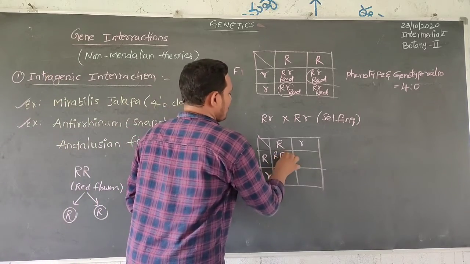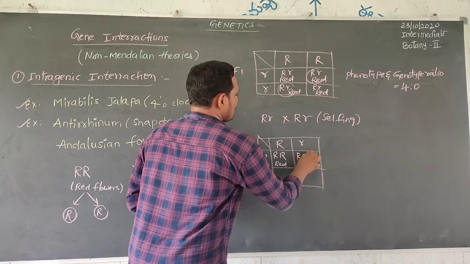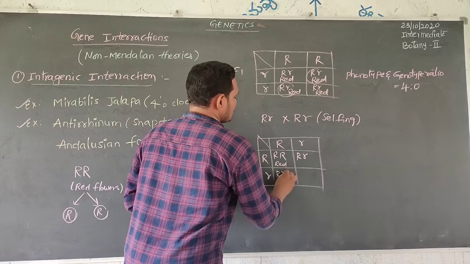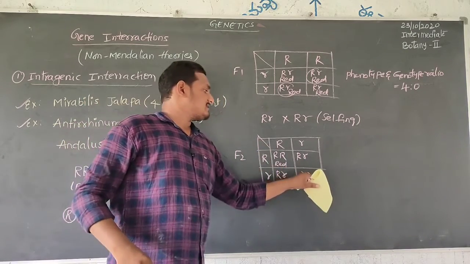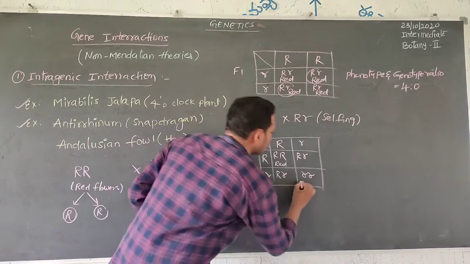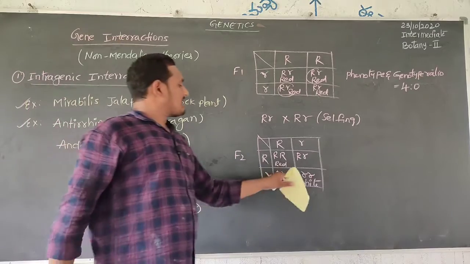We get capital R capital R, which is red, then capital R small r, next capital R small r, and small r small r, which is purely white. There is no change there. And what about these two plants?